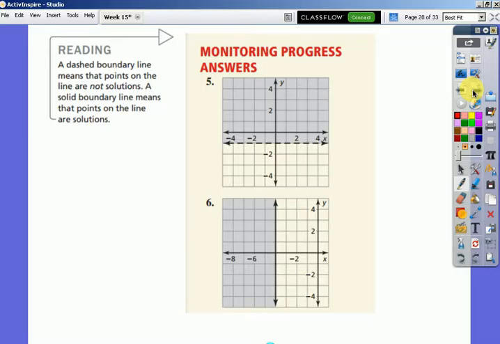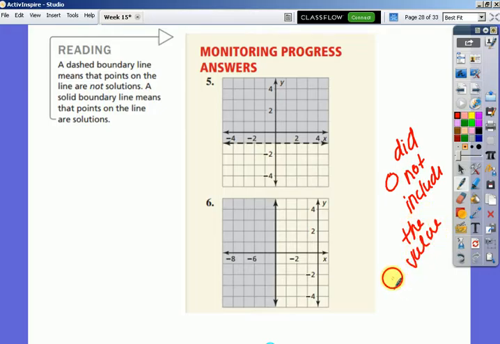Well, just like we had open circles and closed circles, we remembered that open circles did not include the value. So if I had, for example, x is less than 4, then it was only numbers less than 4 for my solution, not including 4. But if I had less than or equal to 4, it was 4 and anything below it. This was an open circle, this was a closed circle.